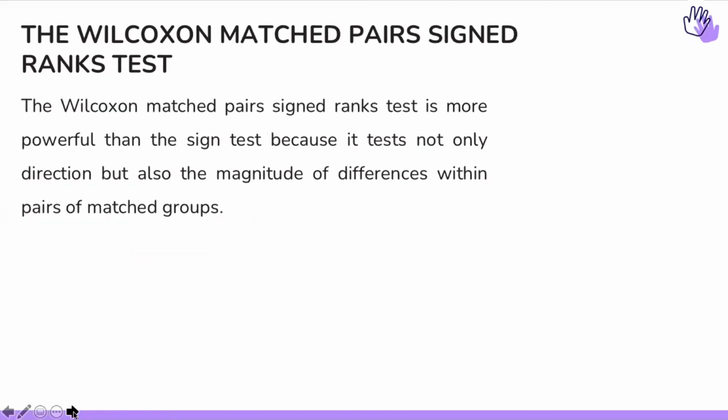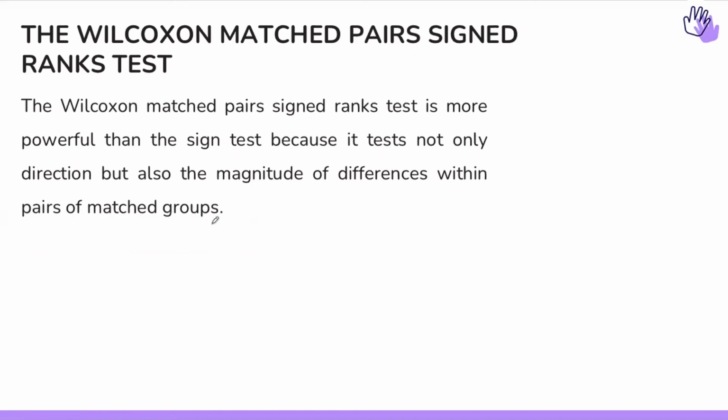And then the Wilcoxon matched pair signed rank test. It is more powerful than the sign test because it tests not only the direction but also the magnitude of differences within the pairs of matched groups.